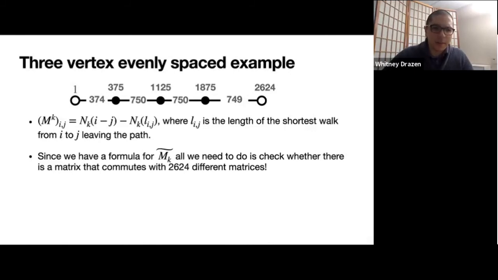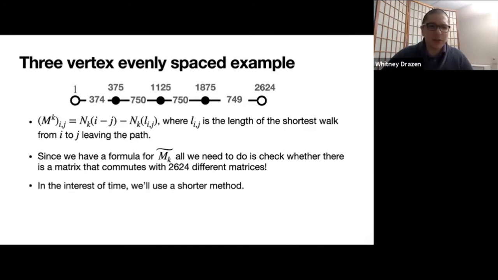Then we would have to check these. We would have to check up to n different restrictions. But there's a shorter method to do this.